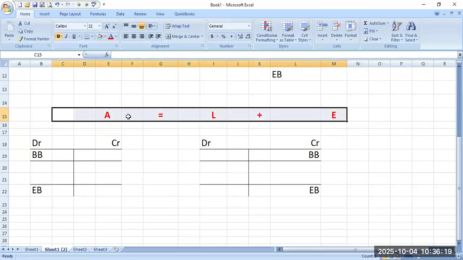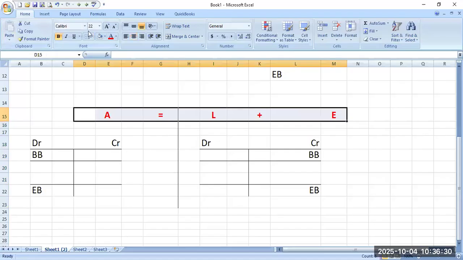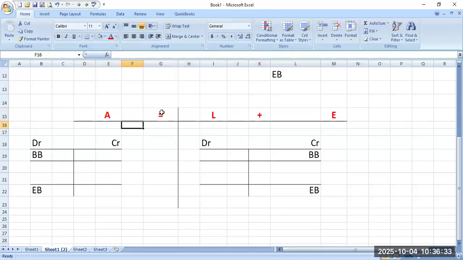If I draw the T account from the basic accounting equation, everything on the left side of the equation has a debit balance, and everything on the right side of the equation has a credit balance. That means asset accounts are always going to have a normal balance of debit. Liability and equity accounts are always going to have a normal balance of credit.